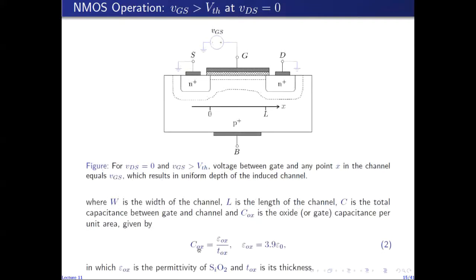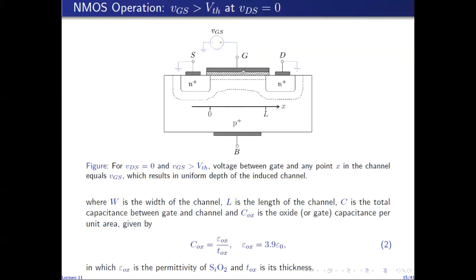Cox, in turn, since it is the capacitance of the parallel plate capacitor per unit area, is given by the ratio of the dielectric constant and the distance between the plates. From the study of the parallel plate capacitor, we know that the capacitance is given by the surface area of the plates times the dielectric constant divided by the distance between the plates. So the capacitance per unit area is the dielectric constant divided by the distance between the plates.